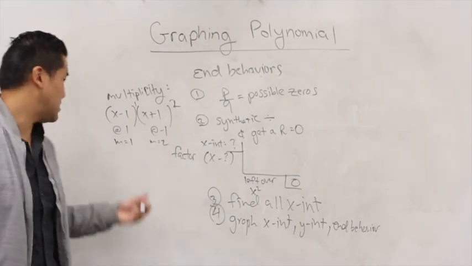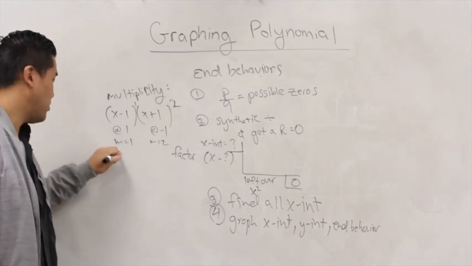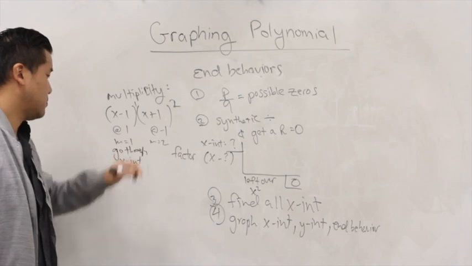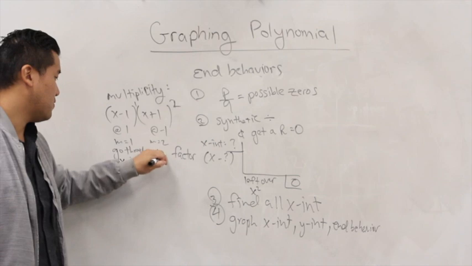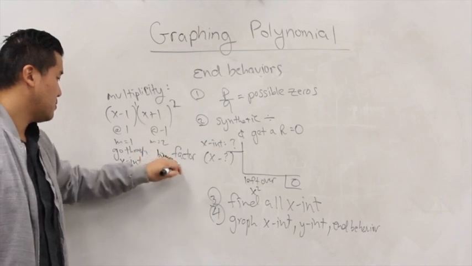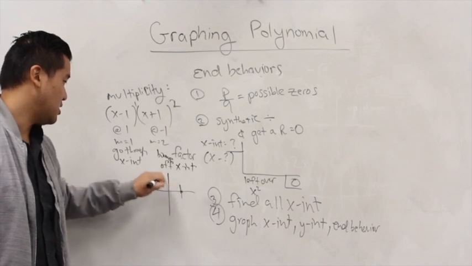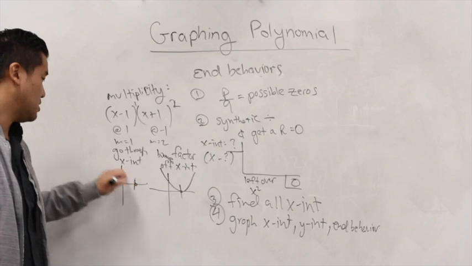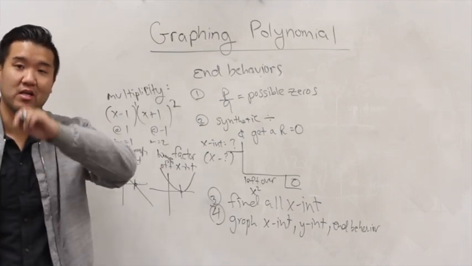What that means is if it's an odd multiplicity, then it's going to go through the x-intercept. If it's even, it's going to bounce off. So here, if we have an x-intercept, it's going to bounce off. Here, if there's an x-intercept, it's going to go through. That's going to help us when we start graphing and connecting the dots.